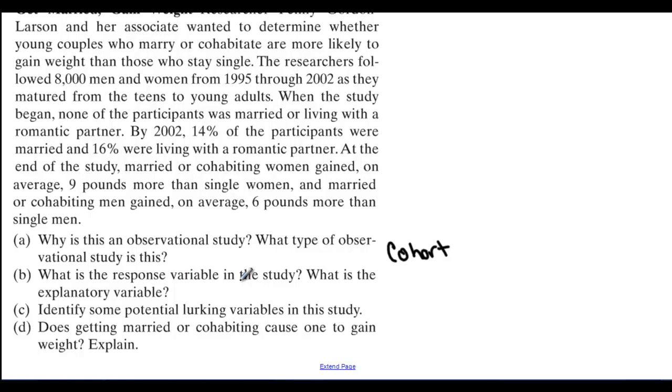What is the response variable in the study, and what is the explanatory variable? So they're trying to see if being married or cohabitating makes somebody more likely to gain weight. So the response variable that they're looking at is gaining weight. Or weight change, but we'll keep it as gaining weight.